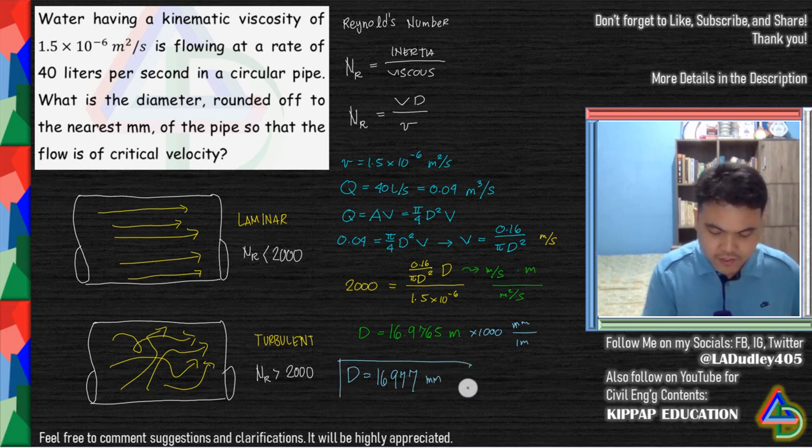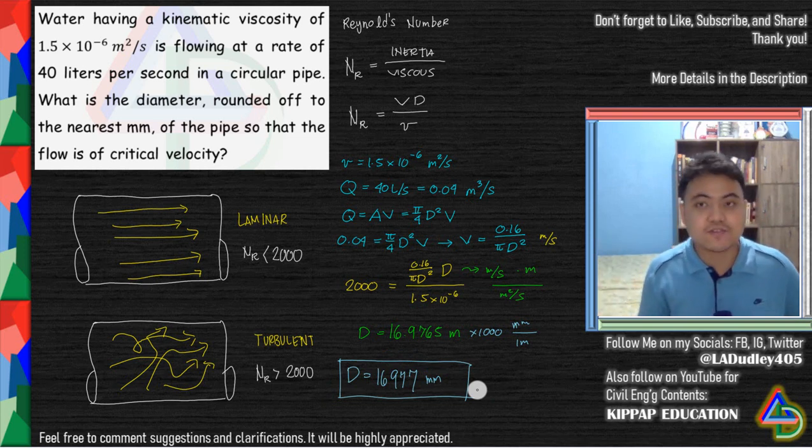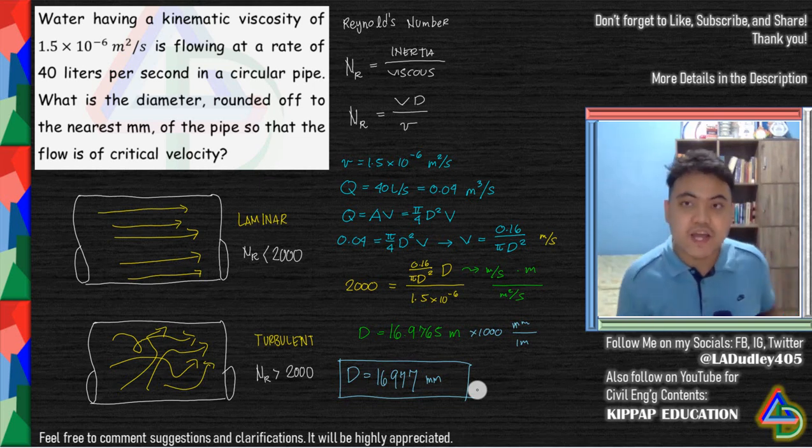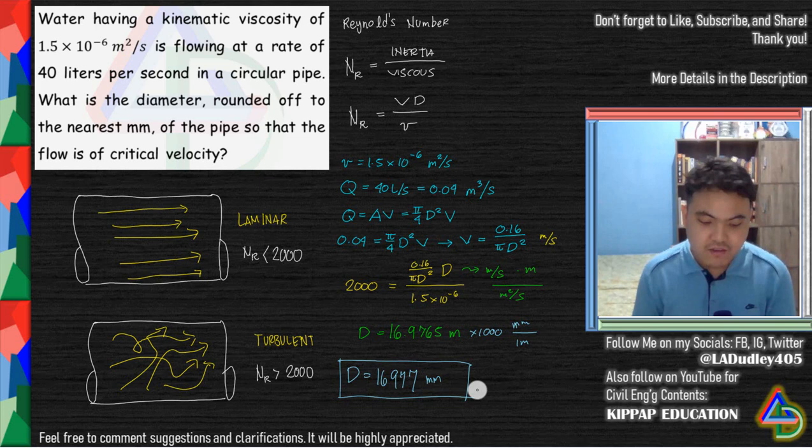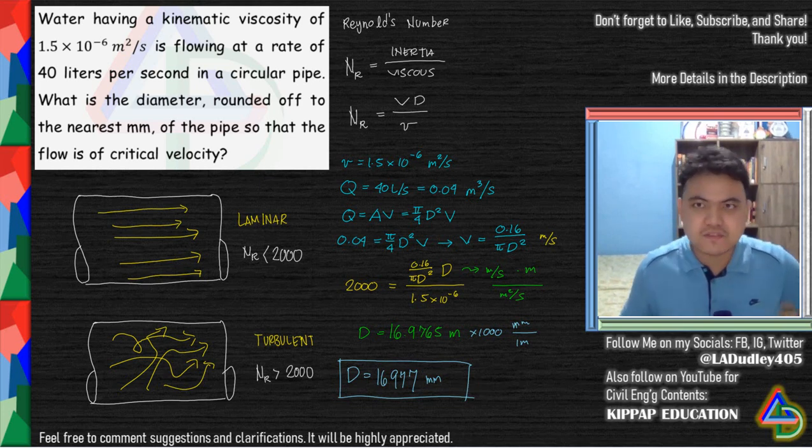So ano yung pwede nating makonclude dito? Meron nga tayong sagot, kaso it's impossible. Diba? Napaka-imposible na mangyari yung ganito kalaking diameter ng isang pipe. 16 meters, unless it's very, very idealistic. Ewan ko. Diba?